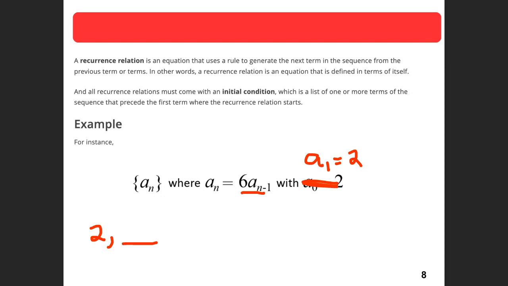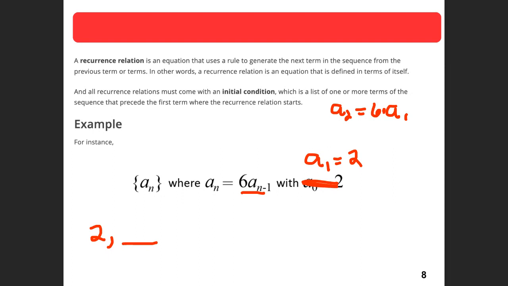So if you're looking for a of 2, you're going to have to use a of 1 to get to a of 2. You're going to have to multiply 6 times a of 1 to get a of 2. So this would be 6 times, and then if you put 2 in here, 2 minus 1, that really means a of 1. 6 times a of 1.